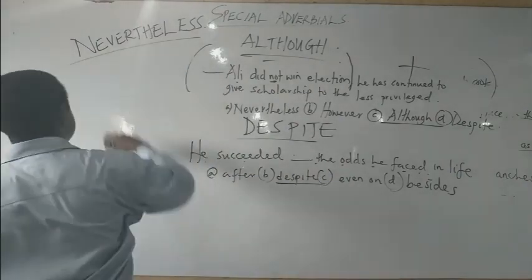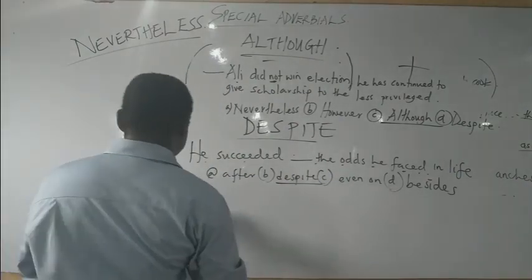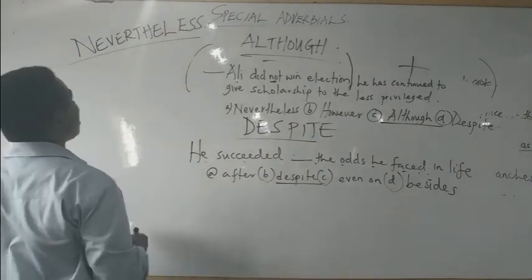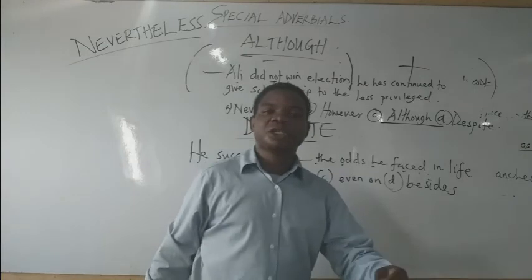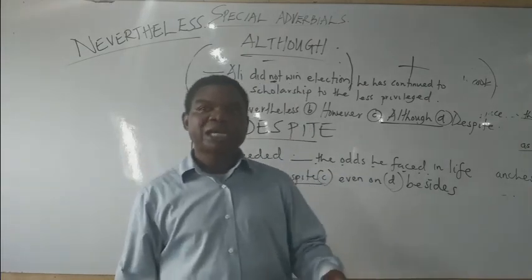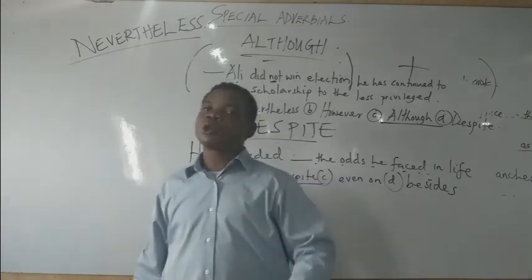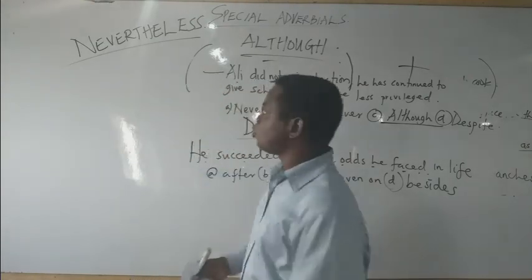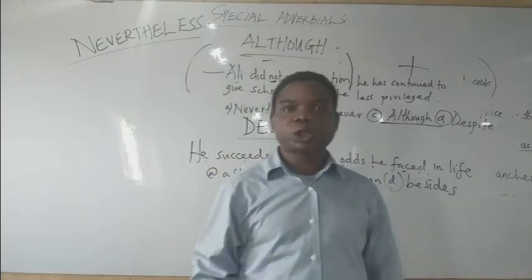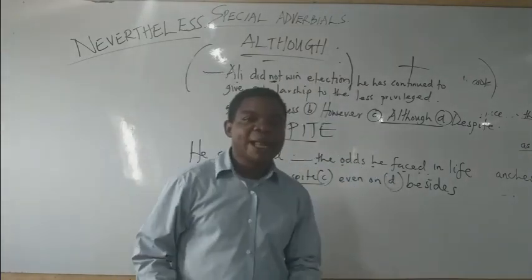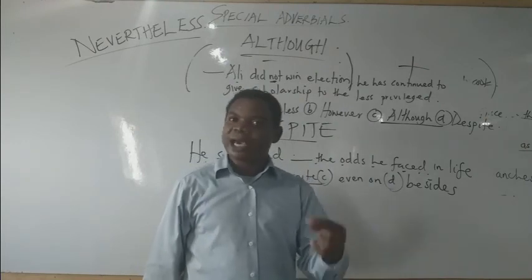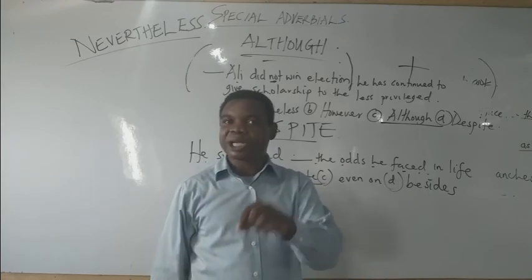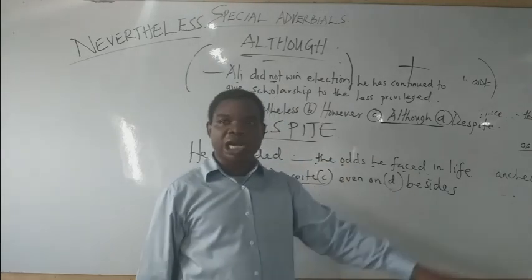Now look at nevertheless. Nevertheless is used in a sentence to show an action that is forced on a person. When an action is forced on a person against his or her wish, what is rightly used is nevertheless.